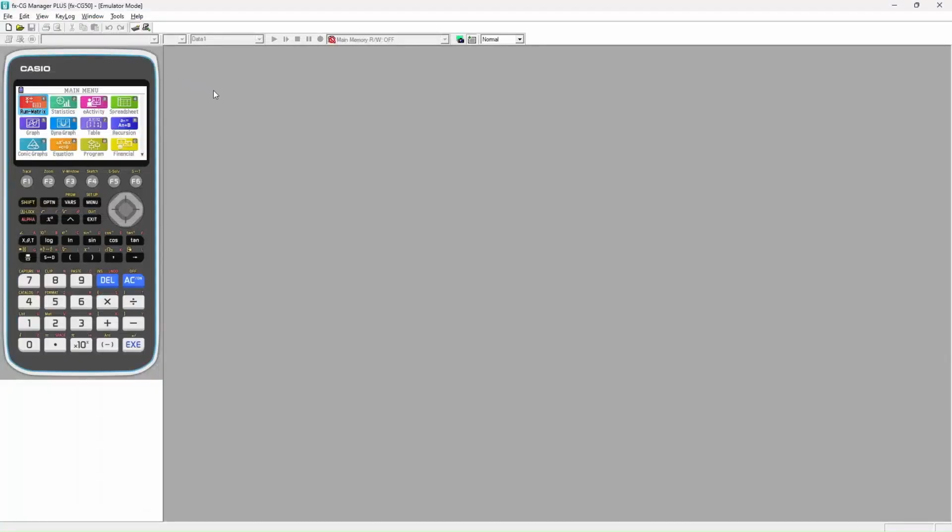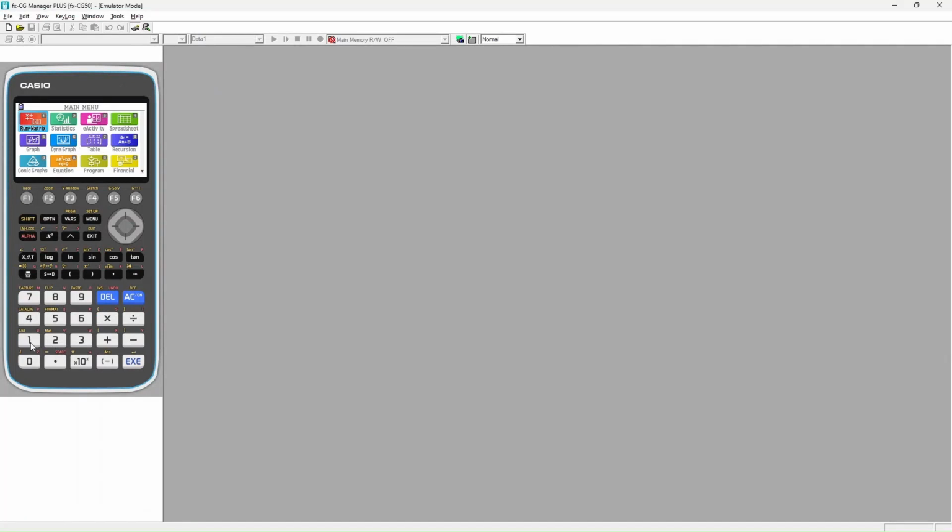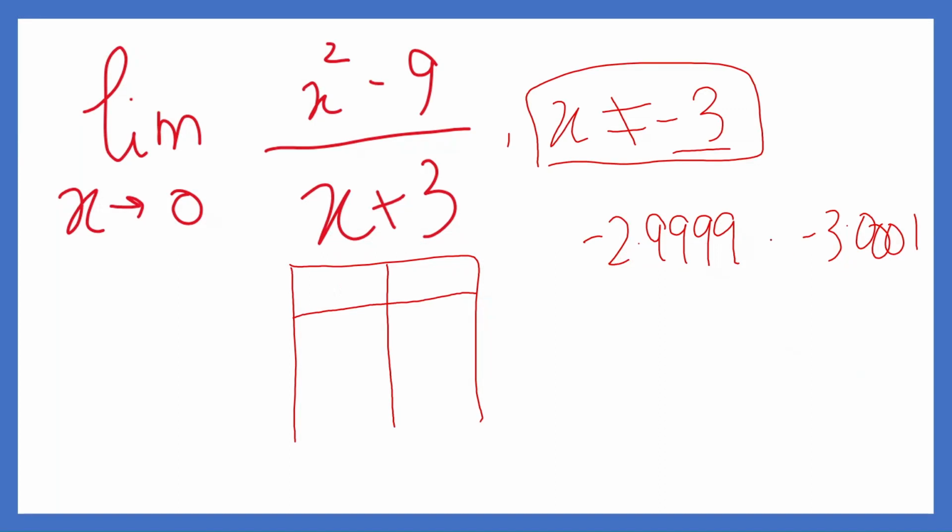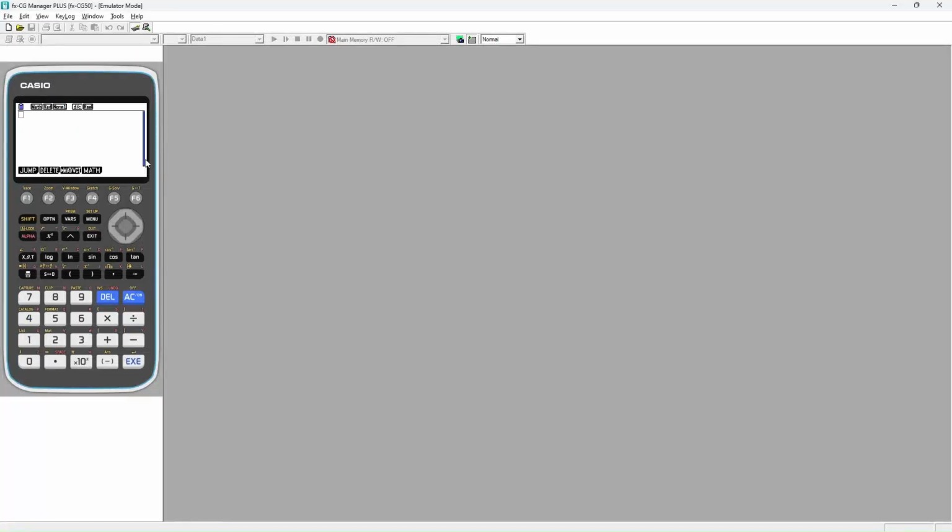Okay, so I have my calculator over here, and I'll be putting those values, which is minus 2.999 and minus 3.001, in this function f of x. So let's write minus 2.999. That's the answer now. So I'm just going to use the answer function over here: answer squared minus 9 divided by answer plus 3.